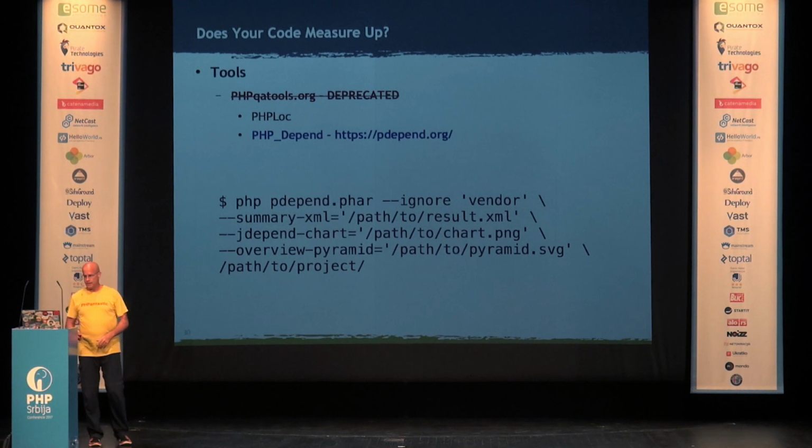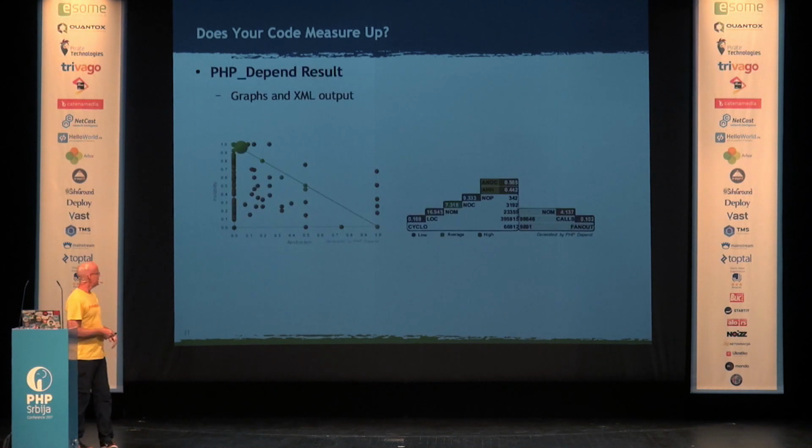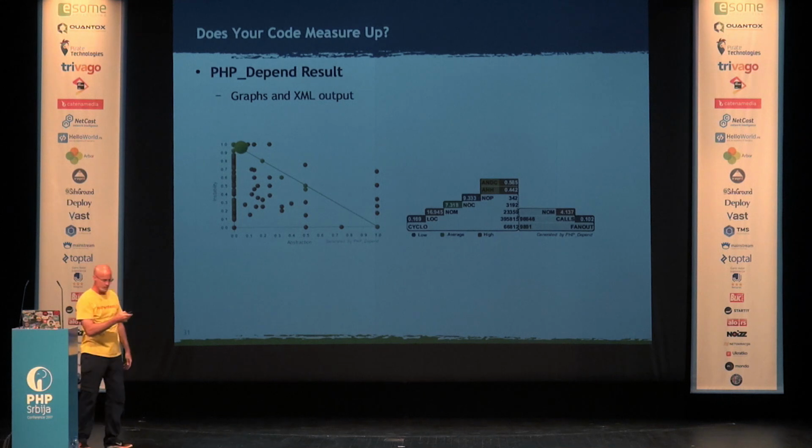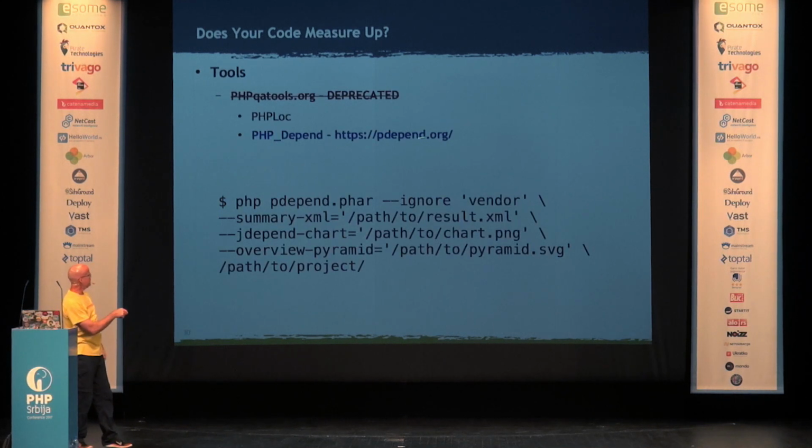Now, by getting the output of this, it kind of looks like this, right? So we have a little dot chart here. We want everything to be up in the top right. That's the good zone. And then on the pyramid, it has a lot of numbers there. I could spend the next hour just talking about those numbers. There's a lot of good things there. However, as I showed on the previous slide, at PDepend.org is where you can find that information.